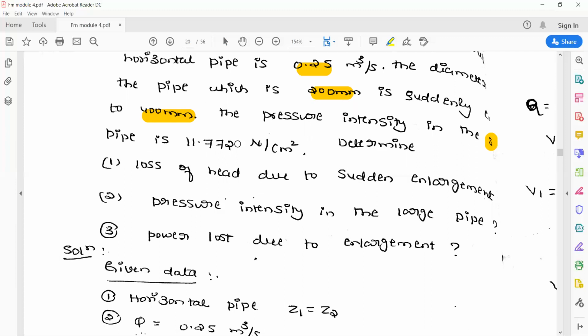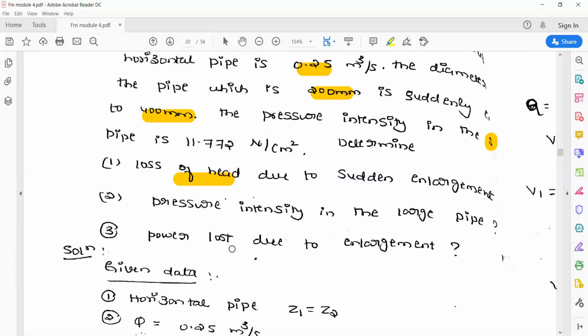So 11.772 Newton per centimeter square. Determine the loss of head due to sudden enlargement. So what is the value of He? You need to calculate it. And the pressure intensity in the large pipe. So what is the value of P2? Because the larger pipe is the second pipe, the value of P2 you will have to calculate.